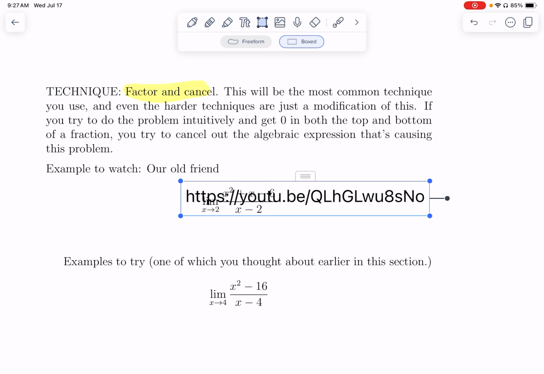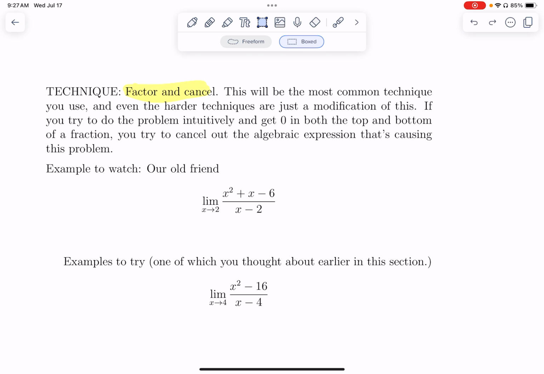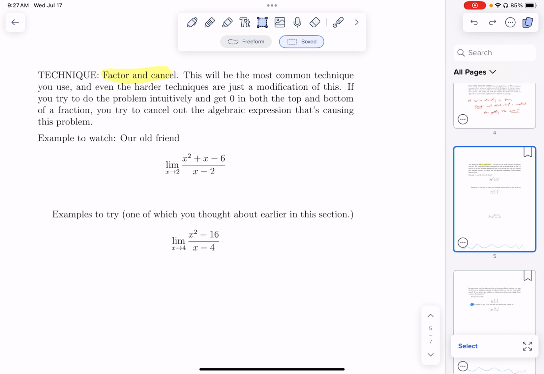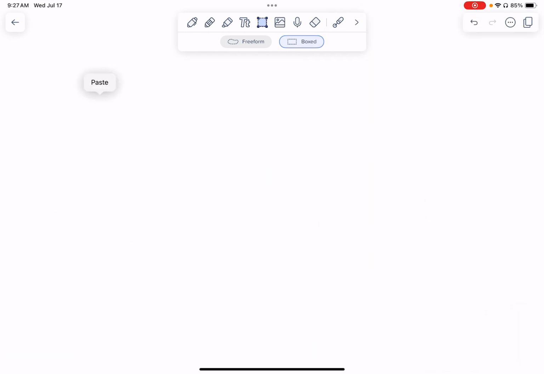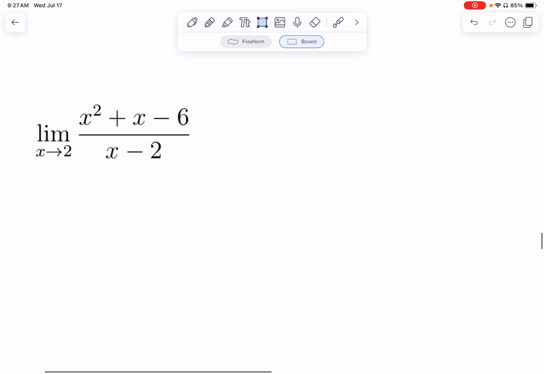We already know that that limit's supposed to be, whoa, I didn't want to paste, I wanted to copy. So just watch this. So we've already done some work here. We know this answer is supposed to be 5 because of numerical stuff. But here's a way you can do this analytically.